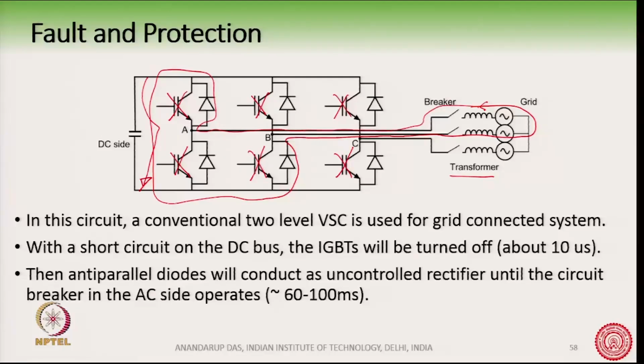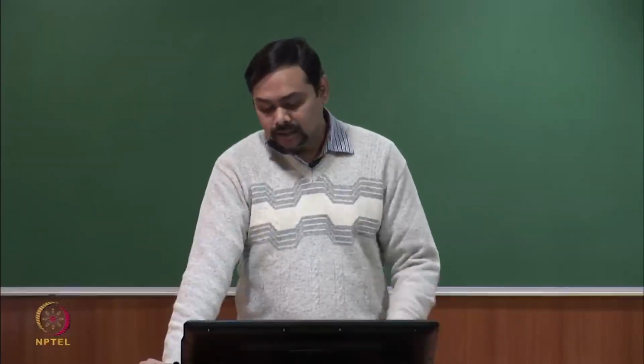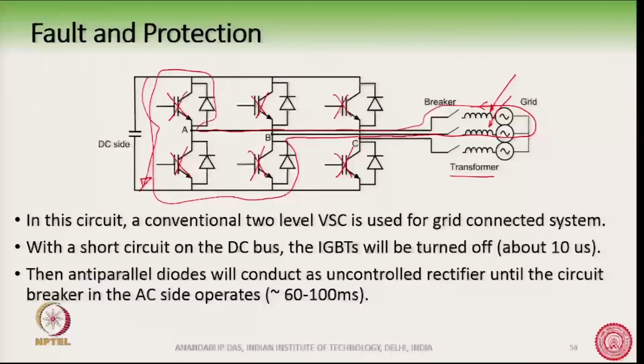So, the leakage inductance of the transformer, these are the electrical components which will limit the rate of rise of current by the relation V equal to L di/dt. So, there are two inductors. So, 2L di/dt is equal to the line voltage V_AB or V_AC.